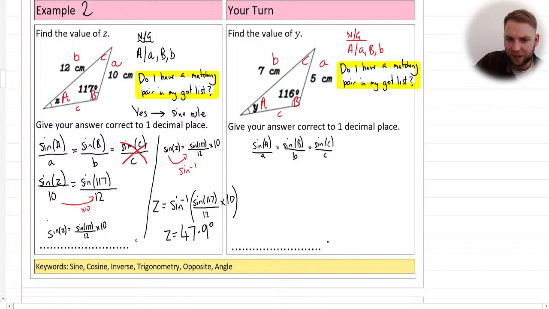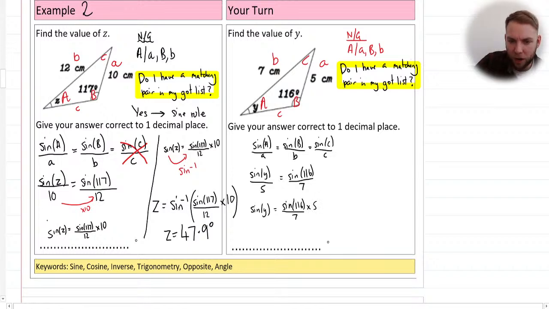Let's substitute in everything. In this case, it's going to be sine of y all over little a is 5, which is equal to sine of capital B, which is 116, all over little b, which is 7. Times up by that 5, I've got sine of y is equal to sine of 116 over 7 times by 5.